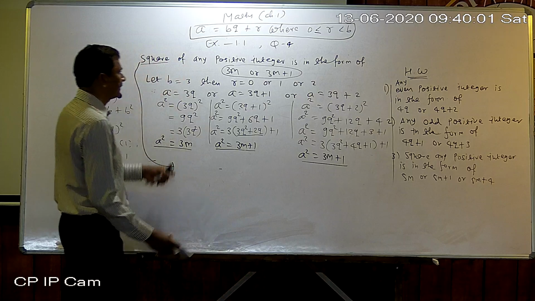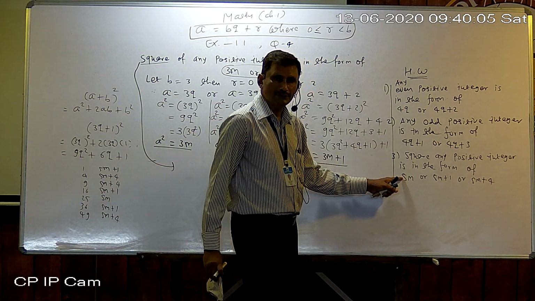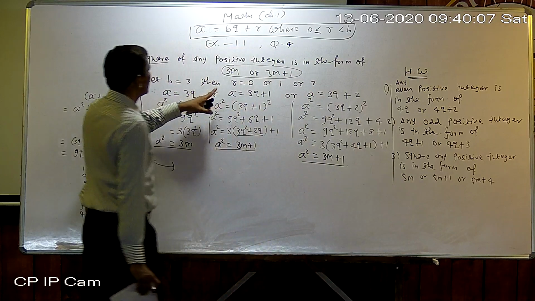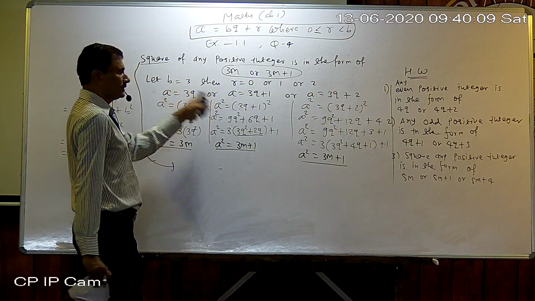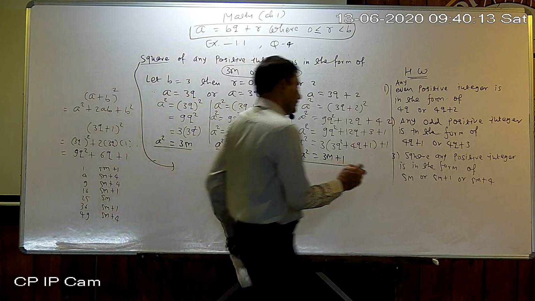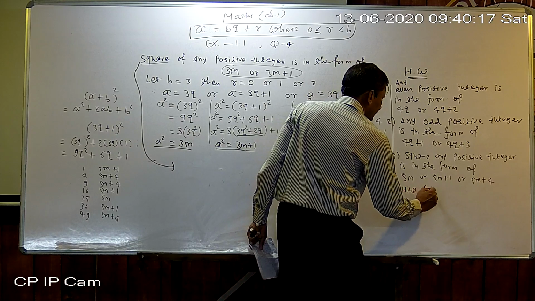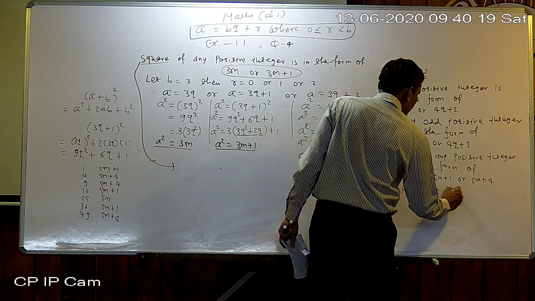But here you can look, 5 only. So at the start you have to suppose b equal to not 3, b equal to 5. I can give a hint also: take b equal to 5.